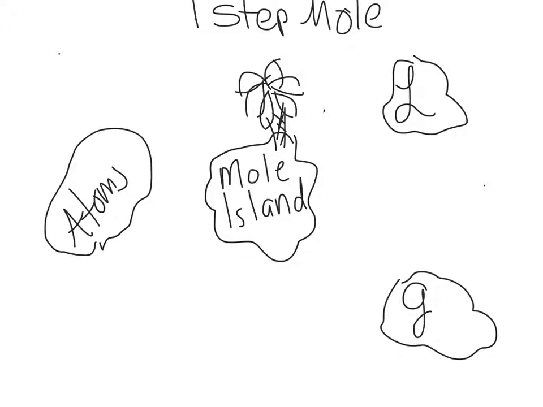No matter which island you want to go to, there's only one rule to traveling to my island. You can only go to Mole Island and then back out again.